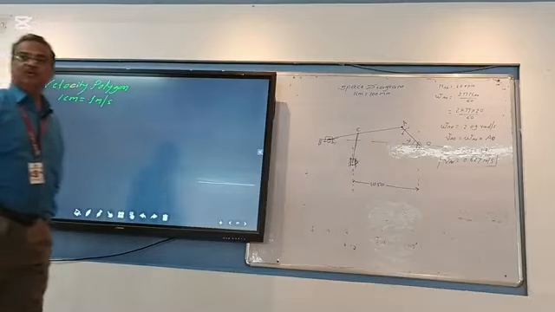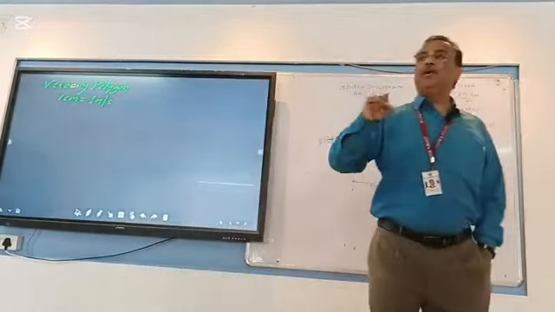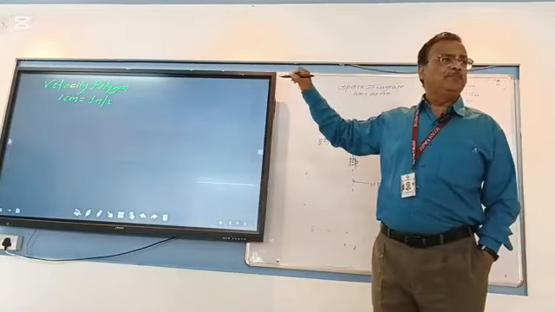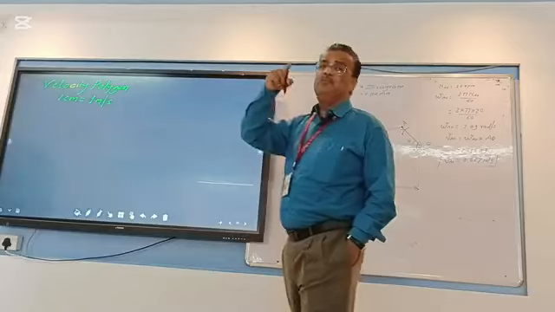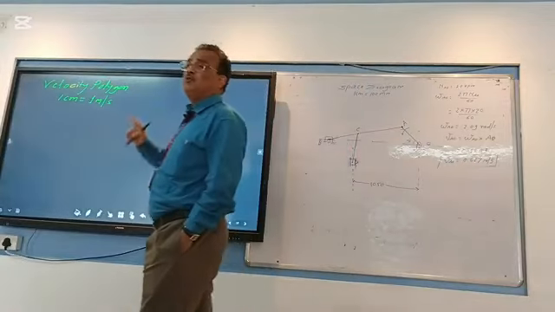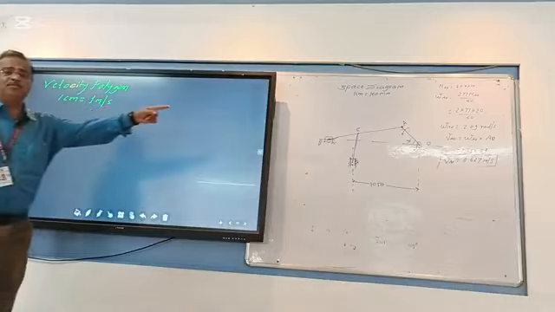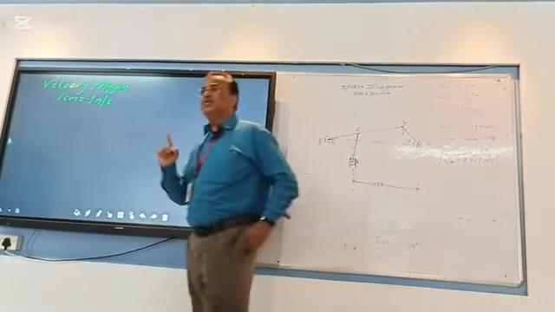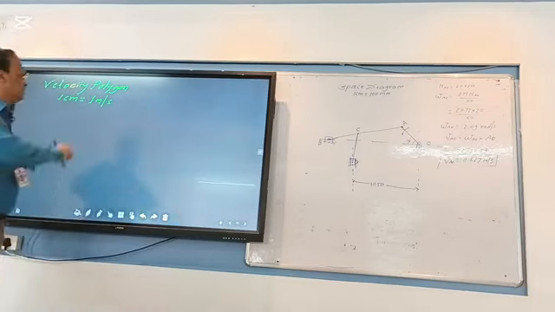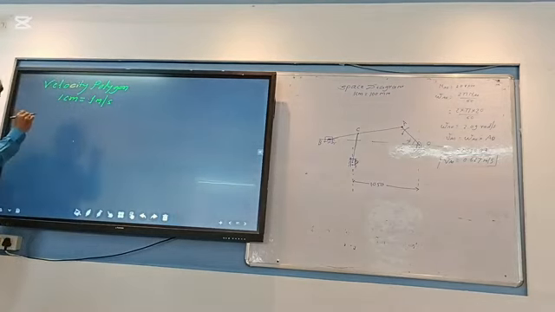The first step to draw the velocity diagram is to locate what? The fixed point. You locate the fixed point by a single point, and that single point you call a pole. What are the fixed points in your space diagram? O is the fixed point. So in this space, you have to locate your pole.